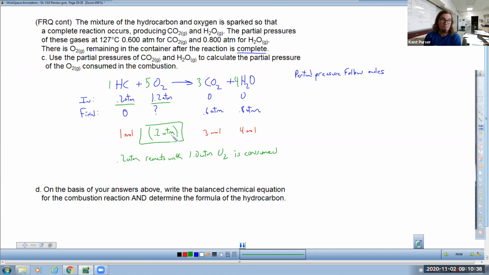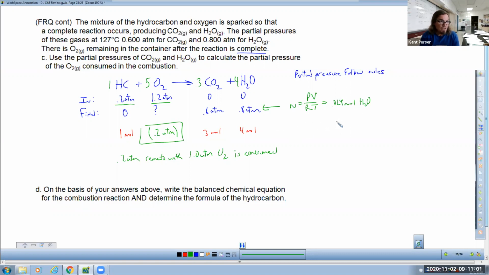When I solved this my first time, I didn't see that. So what I had to do is I had to take each one of these numbers here and find out what the n was. So n equals PV over RT, solve and find that. When I did that, I got that the water came out to be 0.024 moles. I found that this is for the H2O.